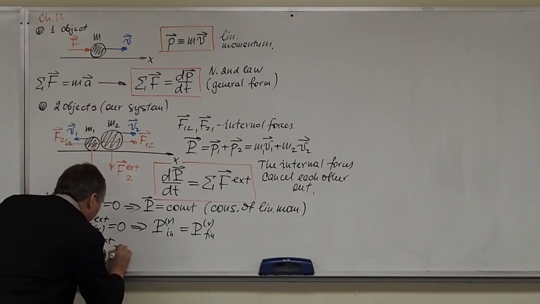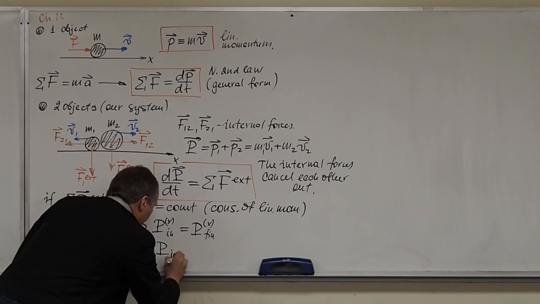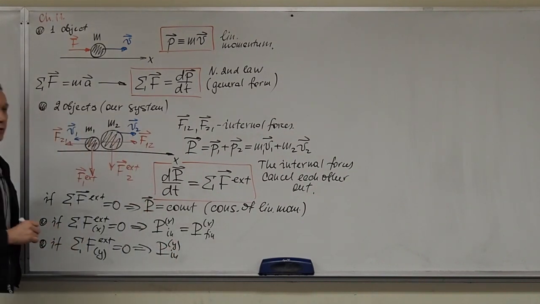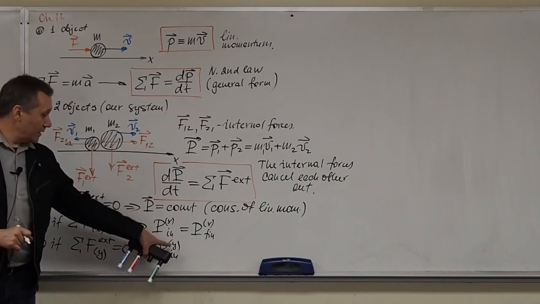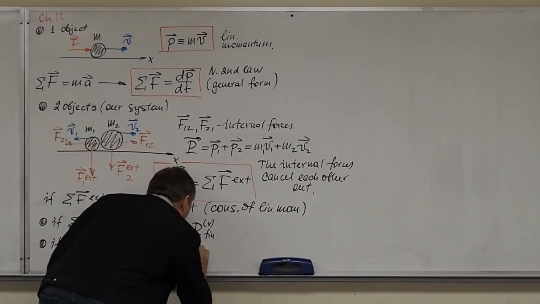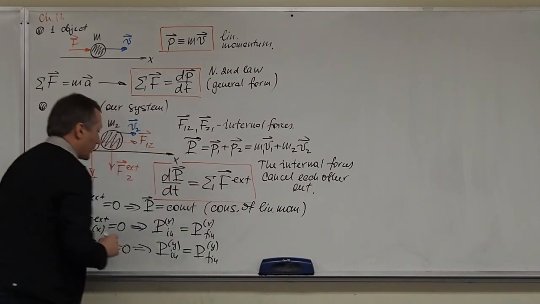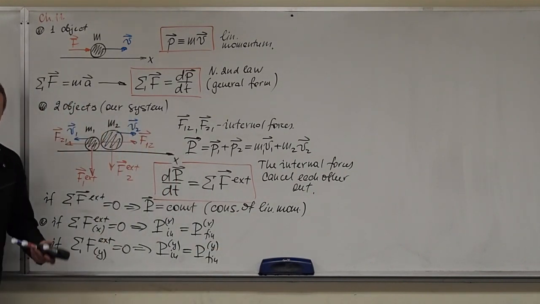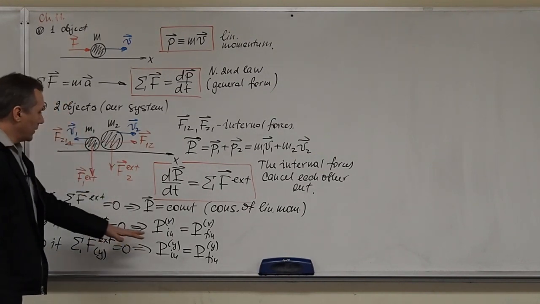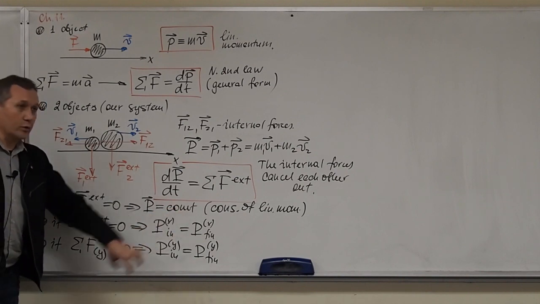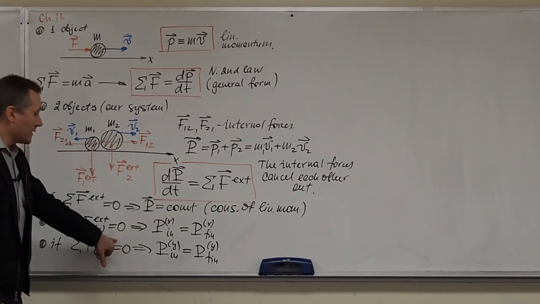In the y direction equals 0, then of course I can write that the total linear momentum at some initial moment of time in the y direction equals the total linear momentum at the final moment of time in the y direction. So that's what we're going to use. Most of the time our linear momentum will be conserved along the x direction, and every time we will be checking if this statement is true.